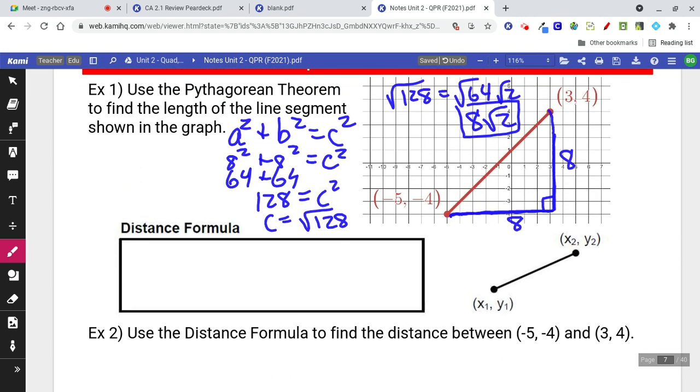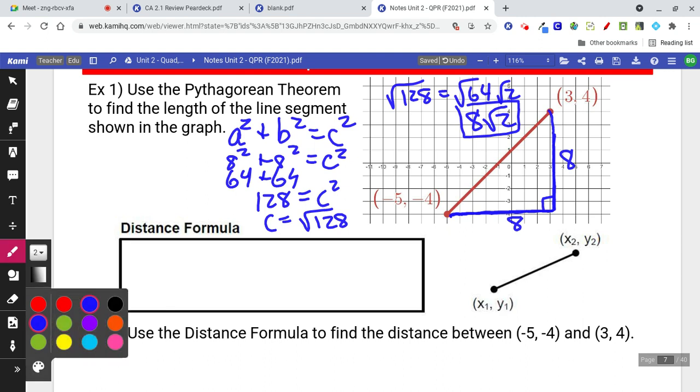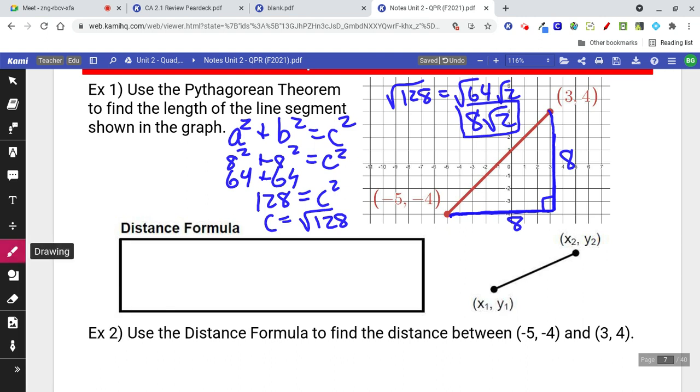Now, we're going to learn a new formula. We're going to learn the distance formula. And basically, the distance formula is a modification of the Pythagorean theorem. It's a generalization. So write this down.